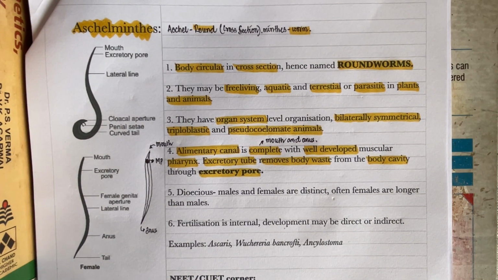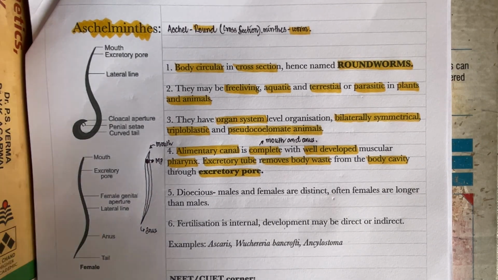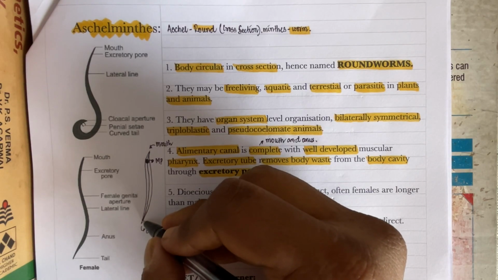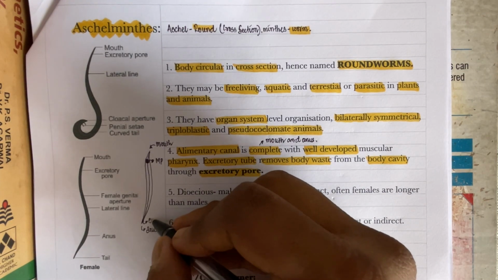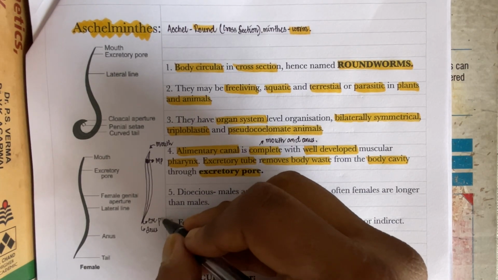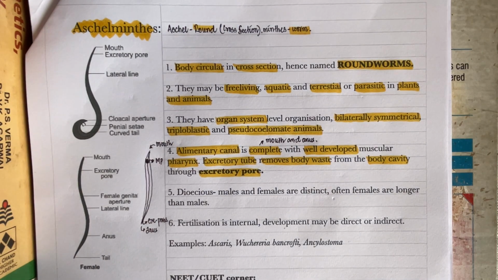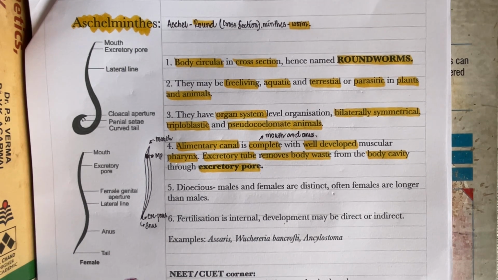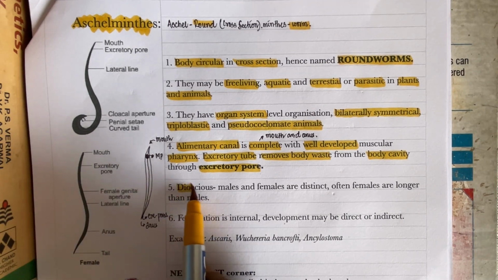MP means muscular pharynx. Since I have limited space there, I have written it in abbreviated form. And at the end of it, where they have the anus, they will have excretory pores that remove the body waste from the body cavity. Clear? So the excretory tube removes the body waste from the body cavity through a structure called excretory pores.